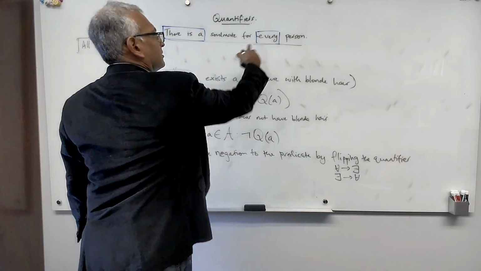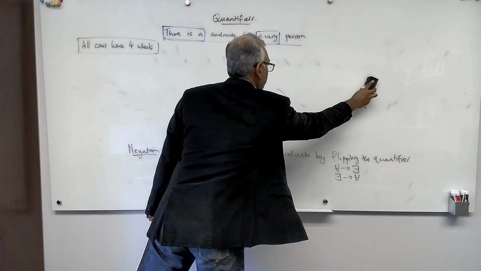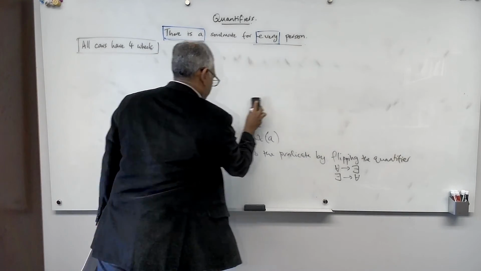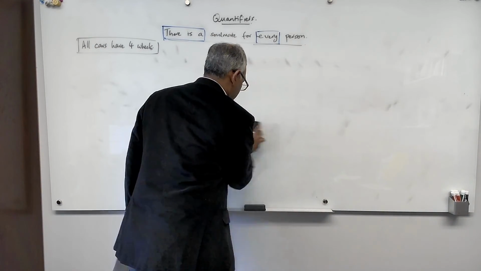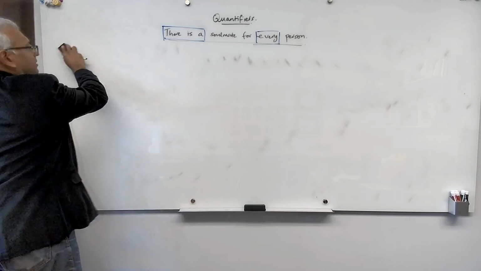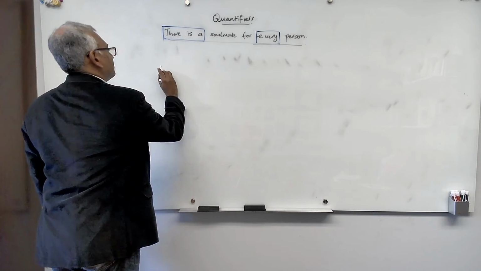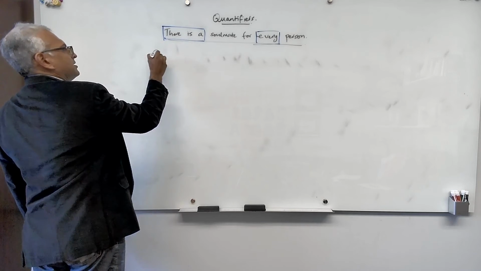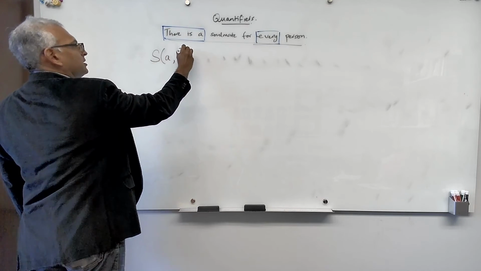Let's talk about there is a soulmate for every person. So we're going to have to define some predicates. And this is an example where we will define a predicate, i.e. a function. So let's define a predicate soulmate S, which takes as input two people, A and B. Okay?